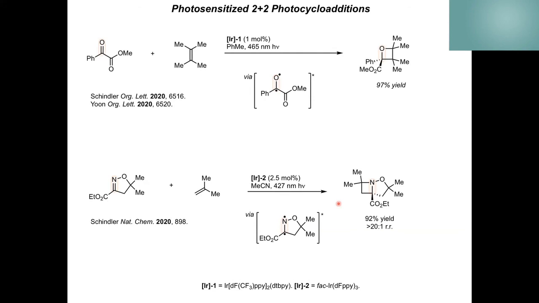So yeah, I'm happy to answer any additional questions anybody might have about any of the examples I've shown, and hopefully everyone knows that this was not intended to be a comprehensive collection of all the different types of cycloadditions, but sort of an overview of some of the ones that I personally think are some of the most exciting and identify a lot of the mechanistic themes of these types of reactions.